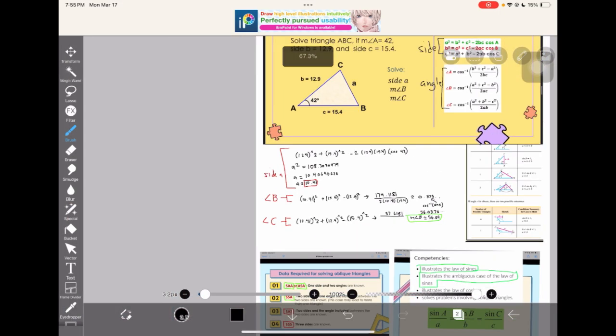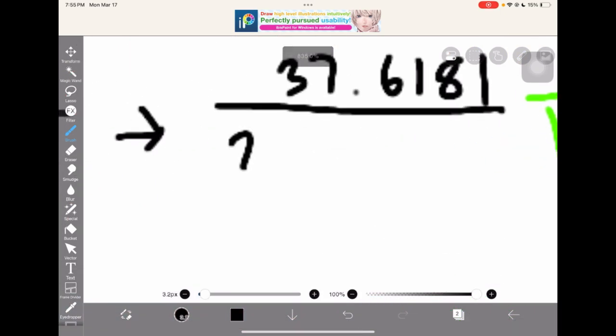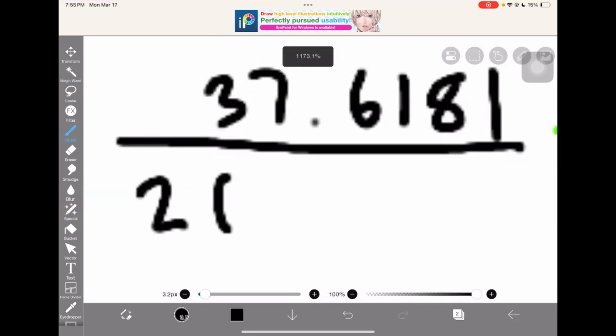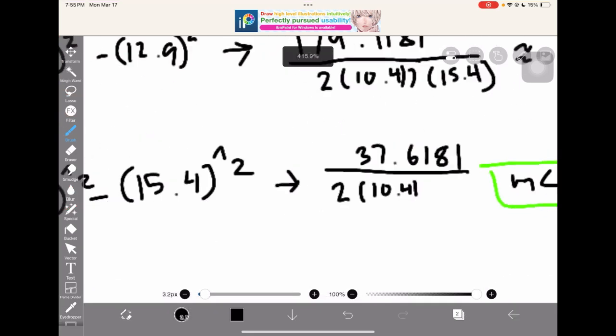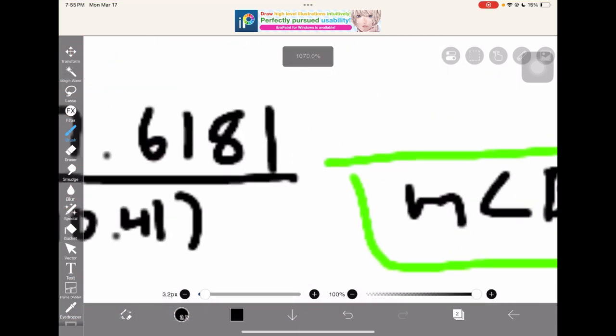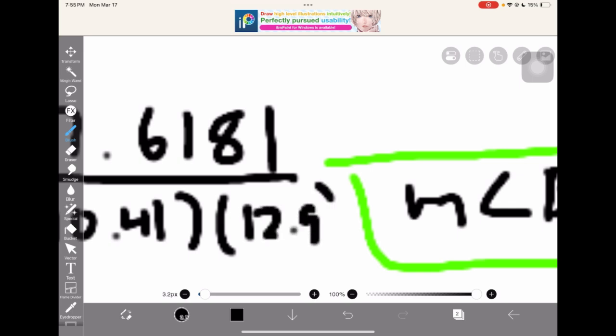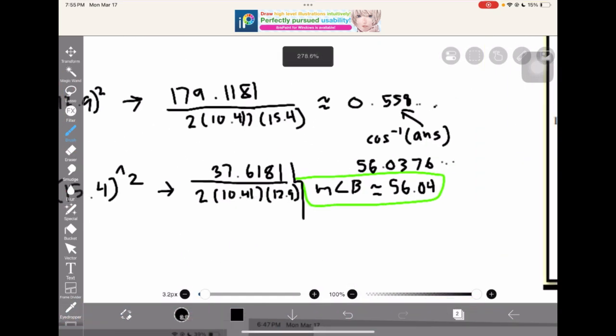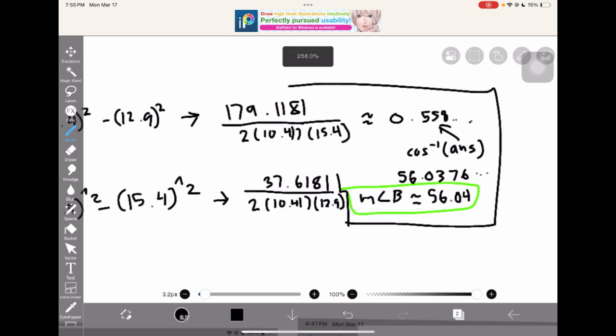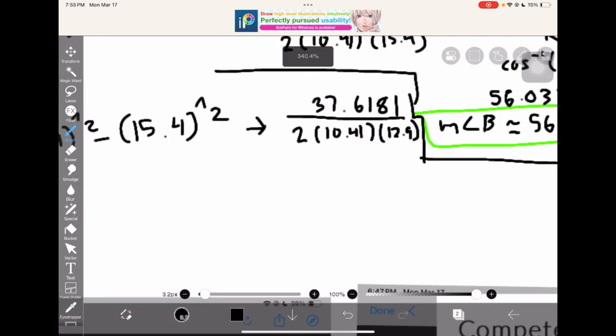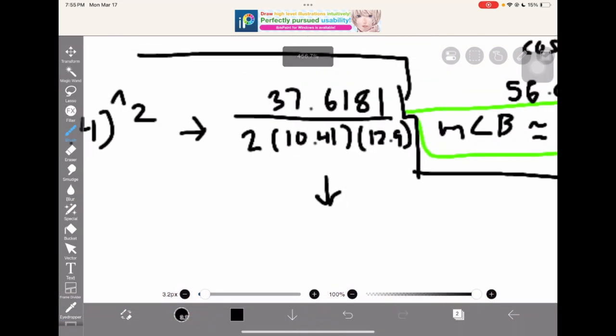Now we're just gonna do 2AB. So that's 2 times 10.41 and 12.9. Let's separate these by a line over here. There we go. Okay, so now we just plug it into our calculator. So we got that one answer all over 2 times 10.41 times 12.9.